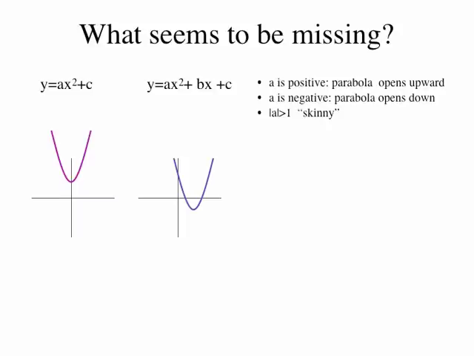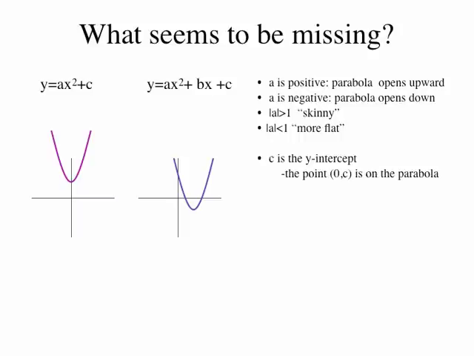It's a skinny parabola. If the absolute value of a is less than 1, that is, a is some fraction, 1/2, 1/3, -1/2, -1/3, the parabola is going to be more flat. It's going to be a vertical shrink.